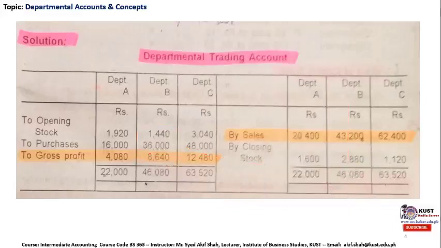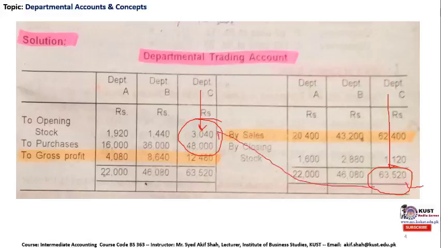Now let's check out Department C. You need to sum up both the values, and it is 63,520. However, the left hand side's first two values for Department C are quite lesser than the right hand side value. Therefore, the difference between these two is considered our gross profit on the basis of the same formula which we have previously discussed.